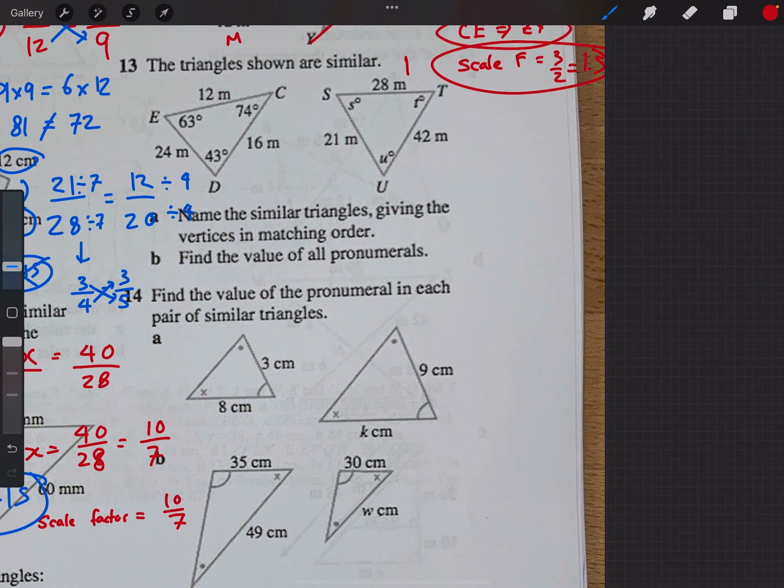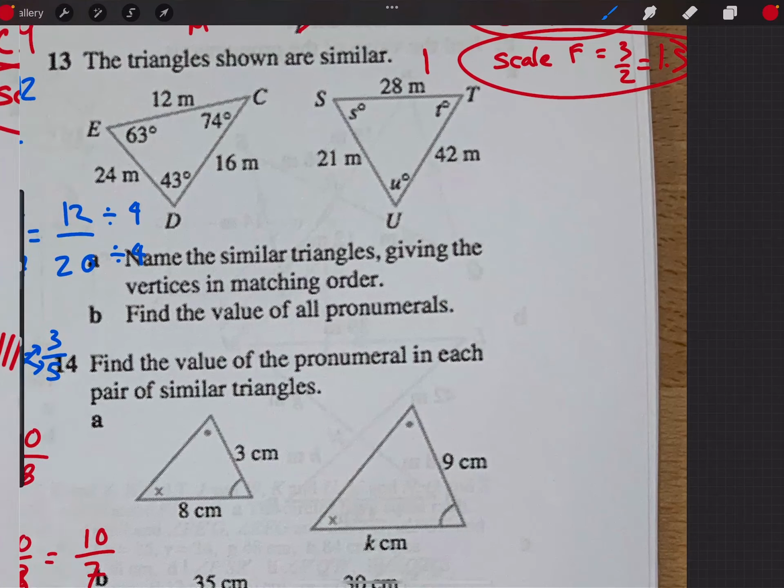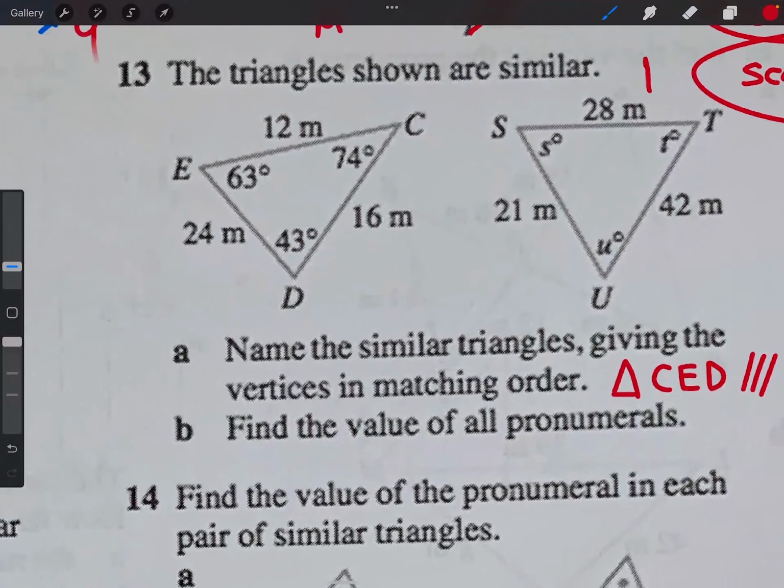Question 13. The triangles shown are similar. Name the similar triangles given the matching vertices in matching order. Not a problem. Now, let's look at the shortest length. This would be the shortest length. I'm going to call this the smallest length, the longest length, and the medium length.